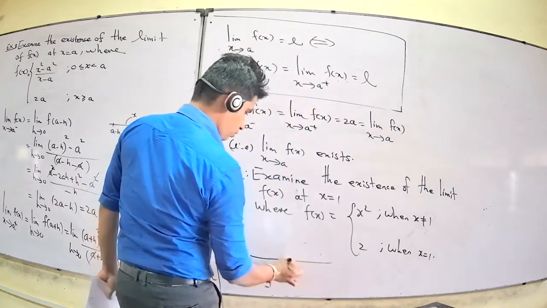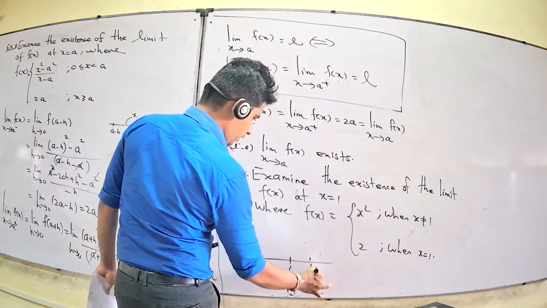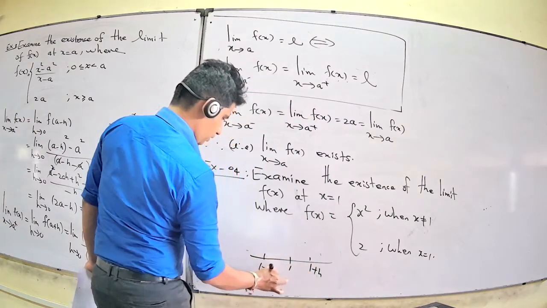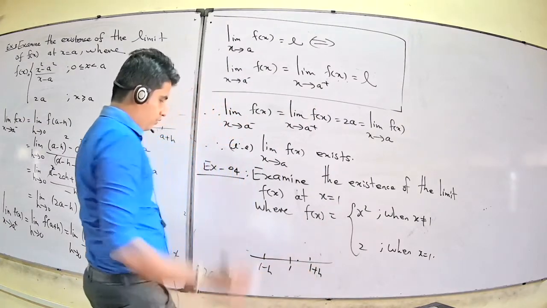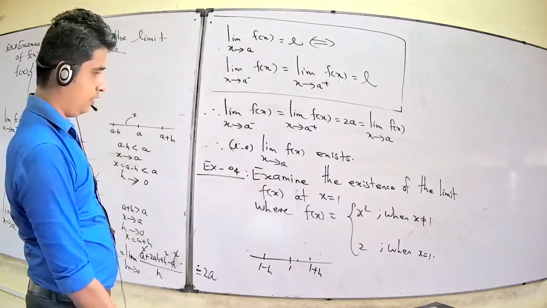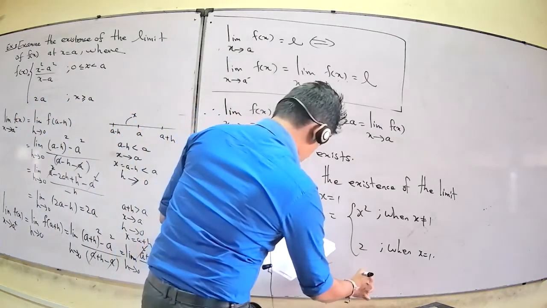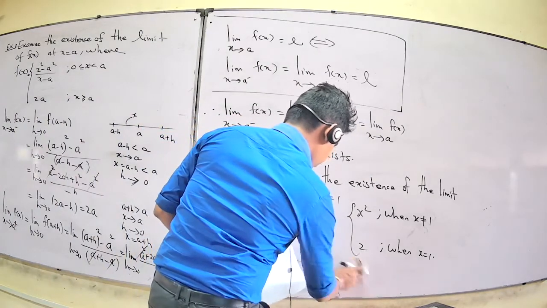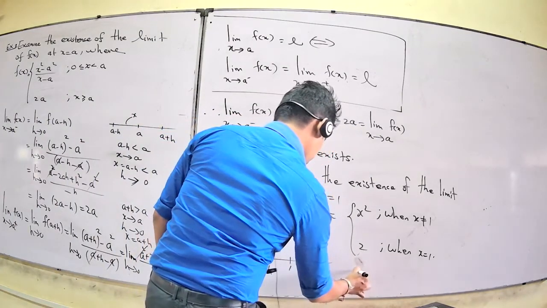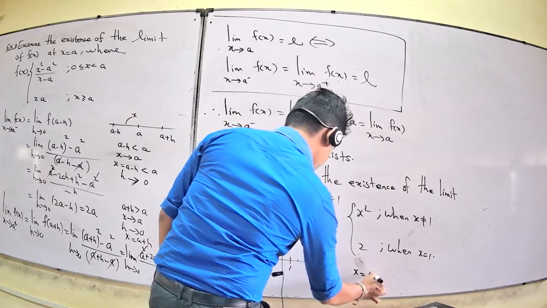For this part, you take 1 plus h and 1 minus h. Suppose you take h greater than 0, and first take x equal to 1 minus h.